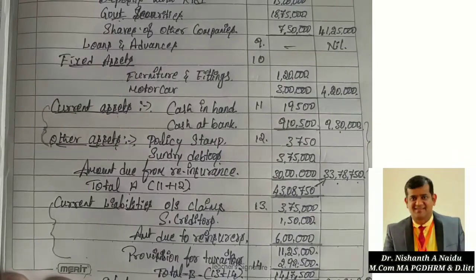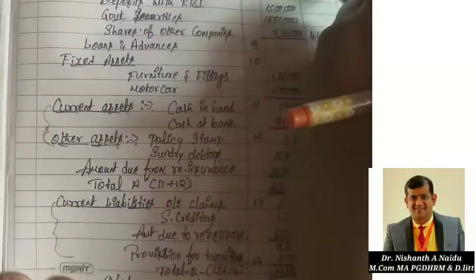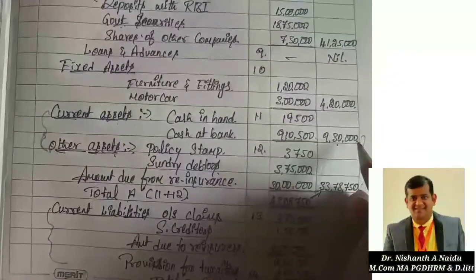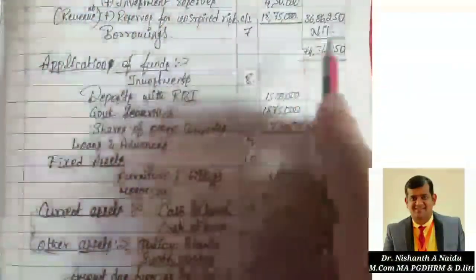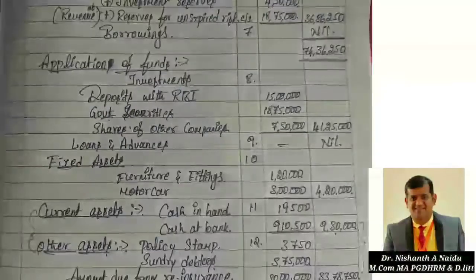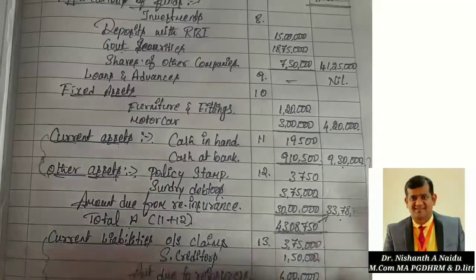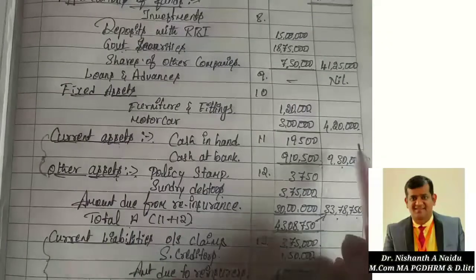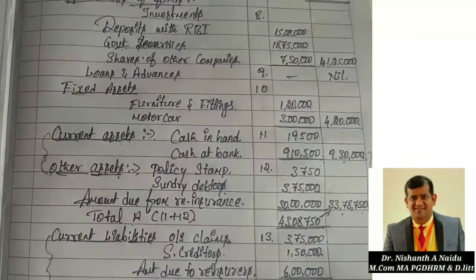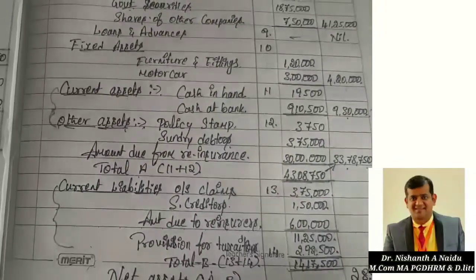Now you have to add the balance sheet value: 74,36,250 rupees. This is the sources of funds. Now let me total 41,25,000 plus 4,20,000 plus the 28,91,250 we have already calculated.